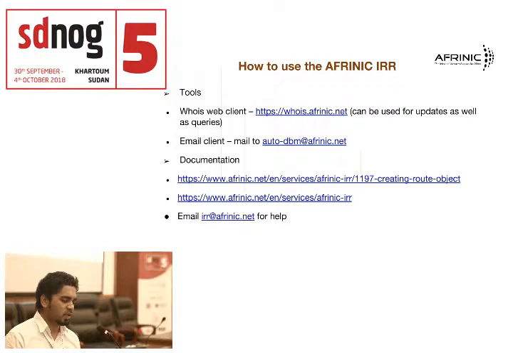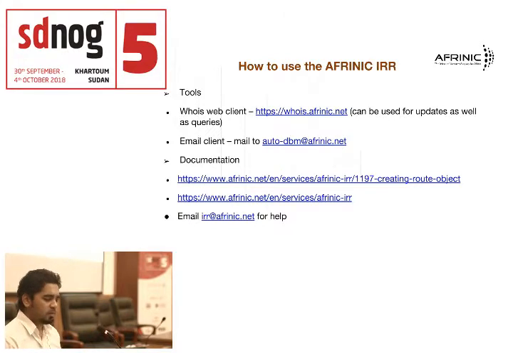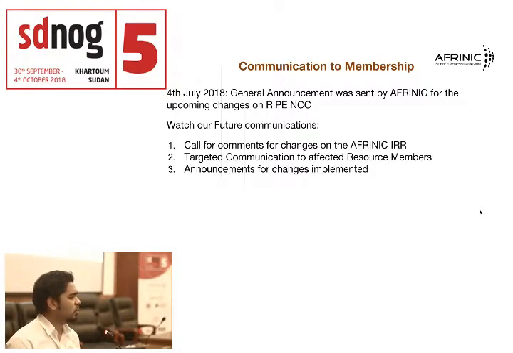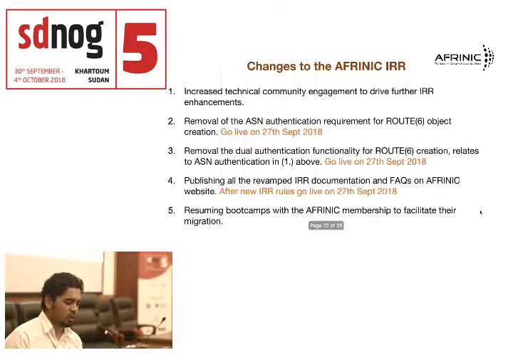How to use it? You can go again on the portal, like I mentioned, or even use the email method. And regarding communication, RIPE is planning changes, and this has been ongoing since 2016 in fact. We have also been asking for comments on changes, so if you are interested in submitting any change for the routing registry, you're more than welcome to do it.